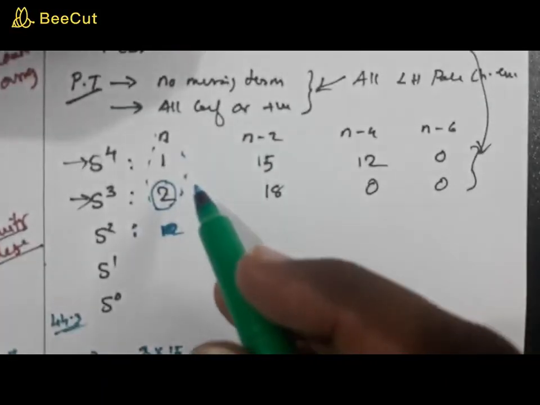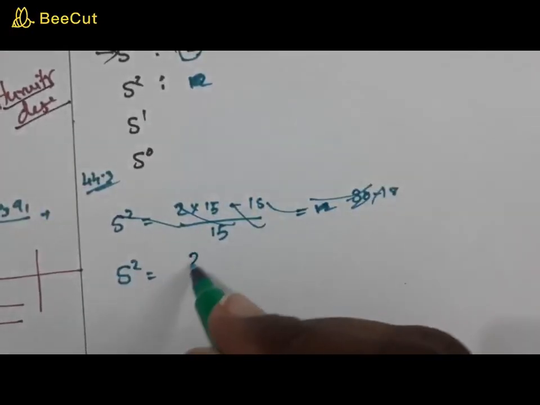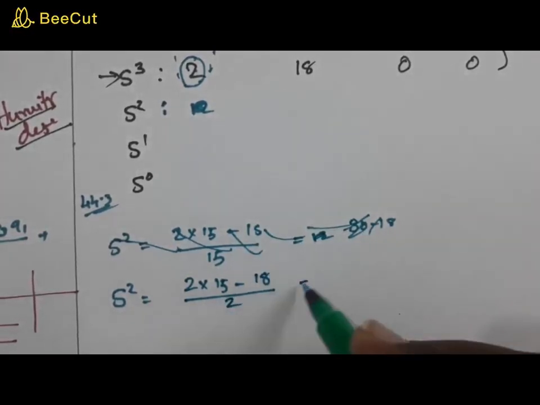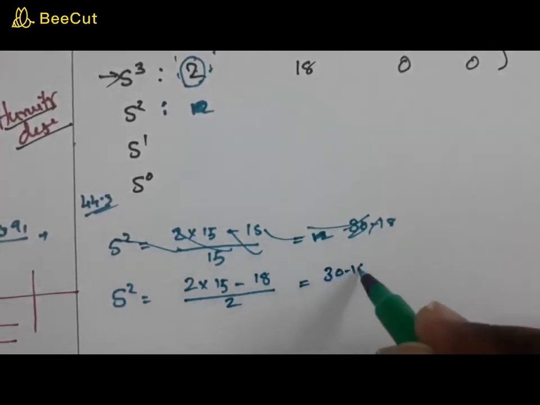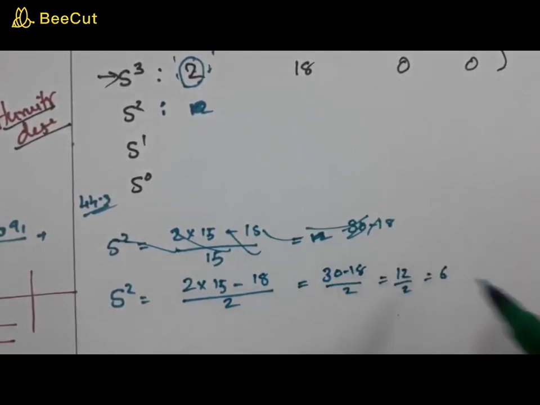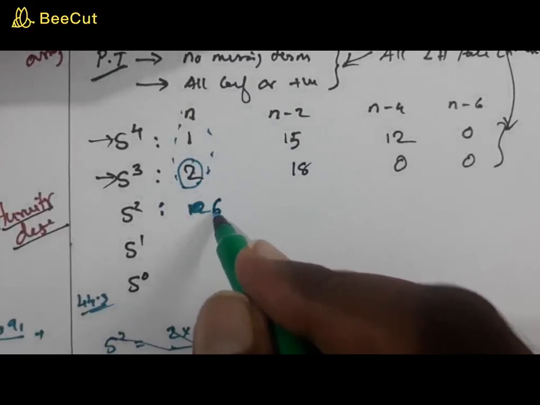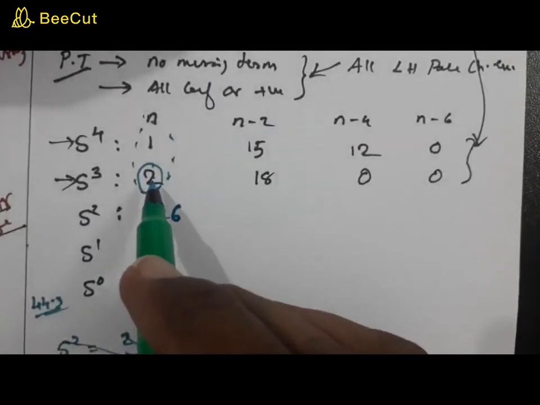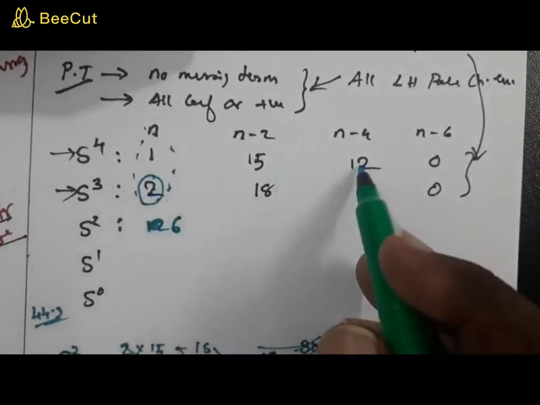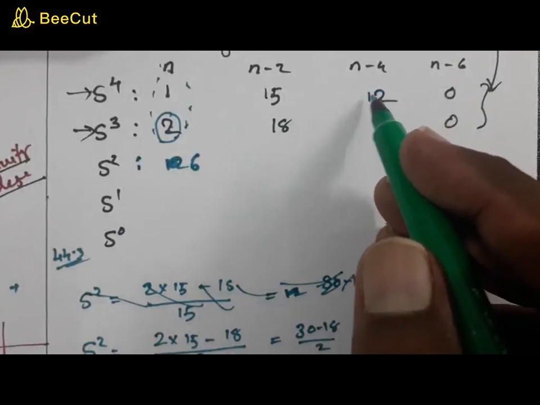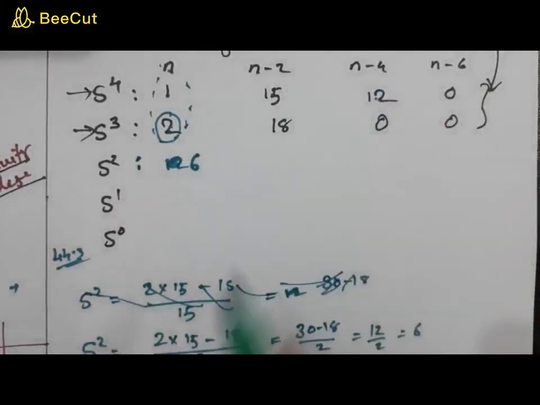The first term will be 2 into 15 minus 18 into 1, divided by 2, which is 30 minus 18 divided by 2, which is equal to 12 by 2, which is equal to 6. So the first term of s square will be 6, right? Now what will be the next term? The next term will be 2 into 12 minus 1 into 0. So 2 into 12, that is 24 by 2, which is 12.